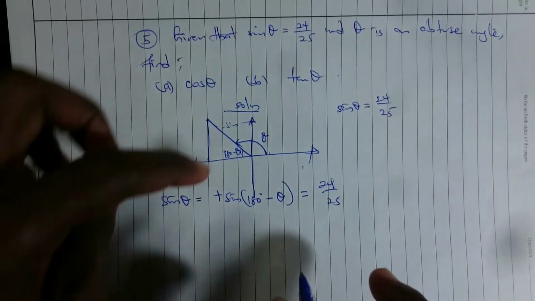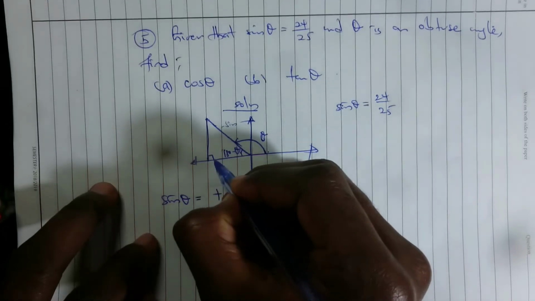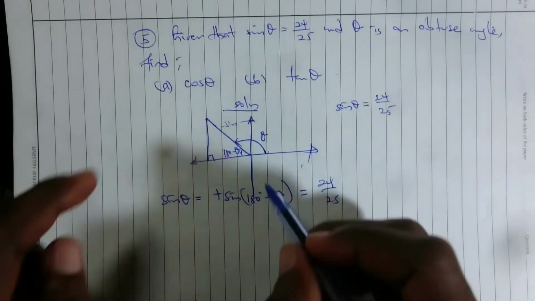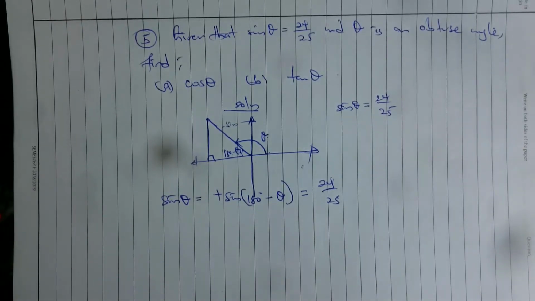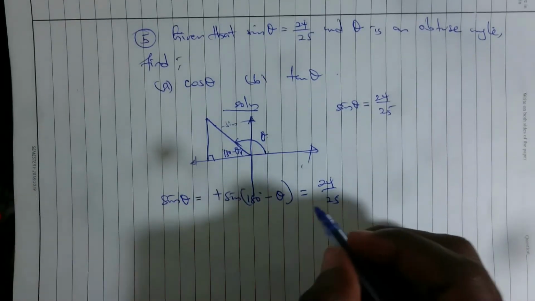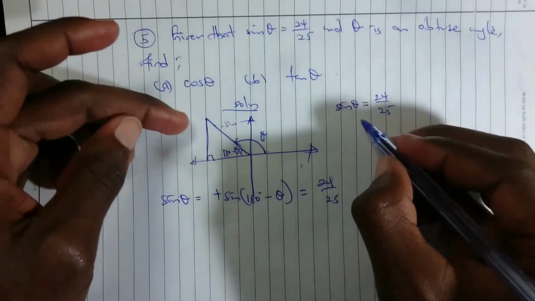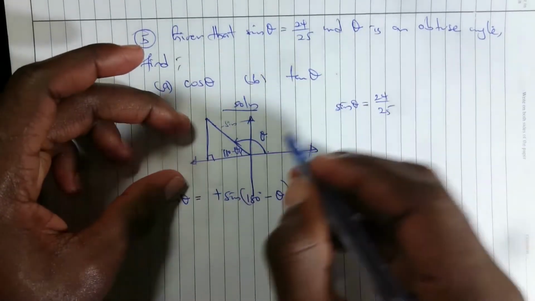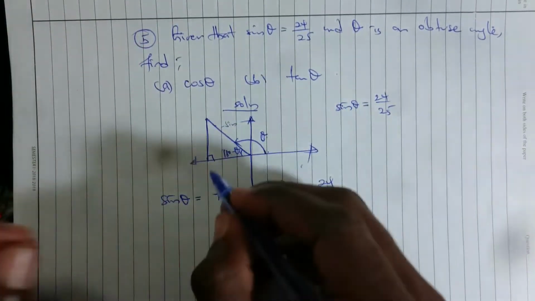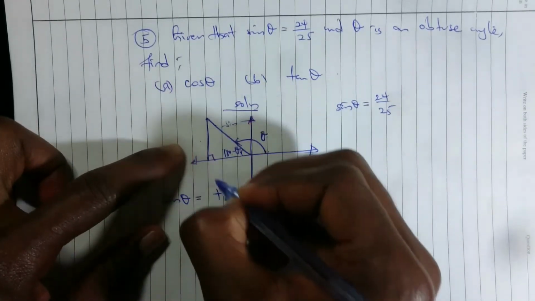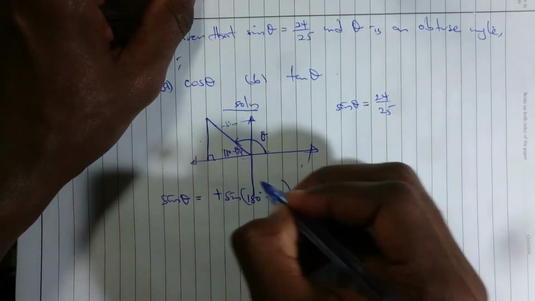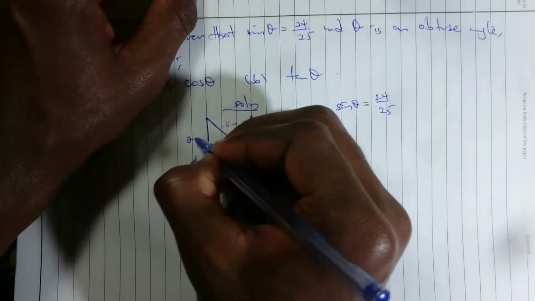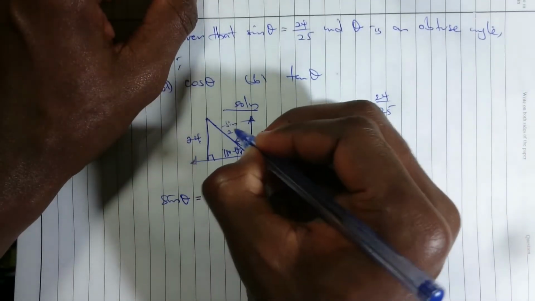Now we are comfortable. Sine of 180 degrees minus theta is the same as sine of theta, because of the relationship we had before. Sine is opposite over hypotenuse, so the opposite is 24 and the hypotenuse is 25.